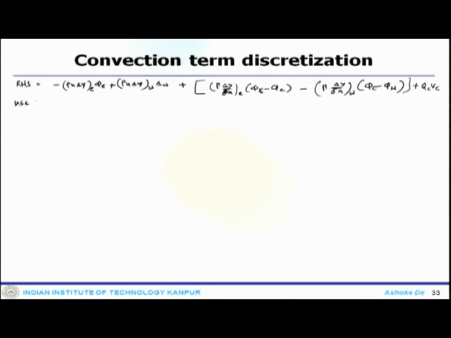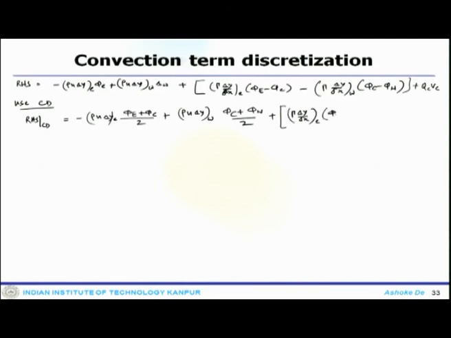Now, one can use the CD scheme, then the right hand side for the CD scheme will become minus rho u del y e phi e plus phi c by 2 plus rho u del y w phi c plus phi w by 2 plus gamma del y by del x e phi e minus phi c minus gamma del y by del x w phi c minus phi w plus q c v c.